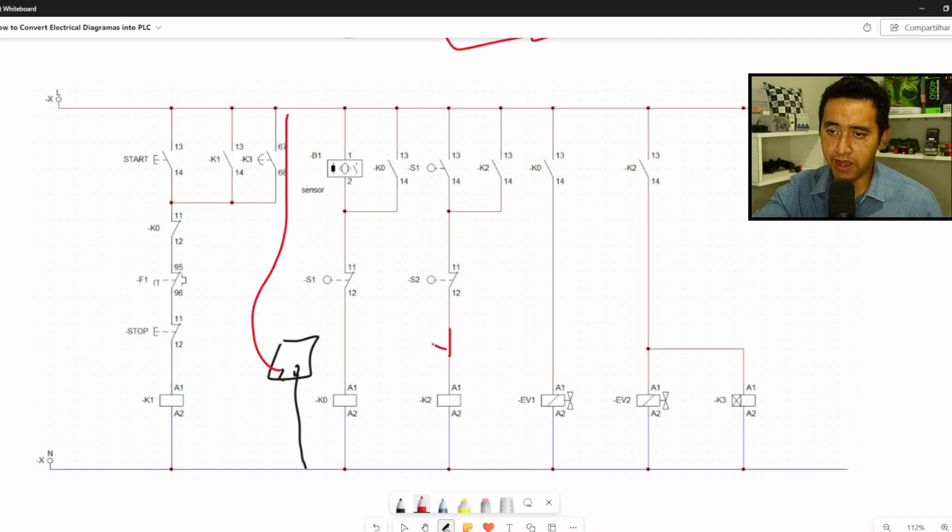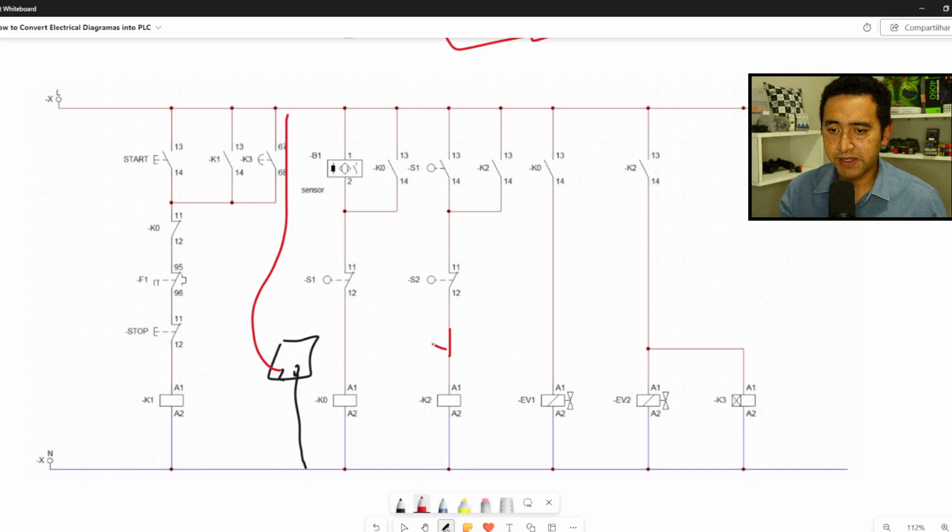And after I do this, I must update my control diagram, because it's important for the next electrician who comes to solve a problem. We must give him the updated circuit so he can understand and solve another problem that can appear in the future.